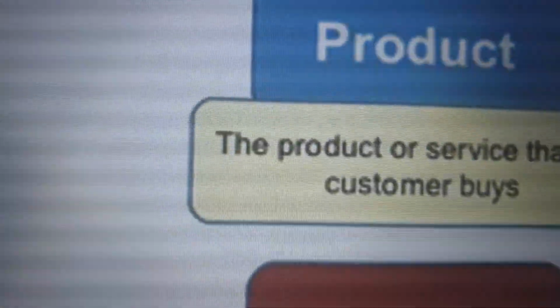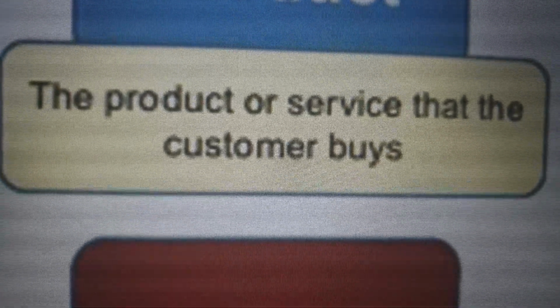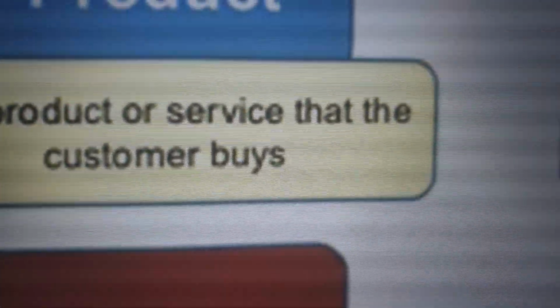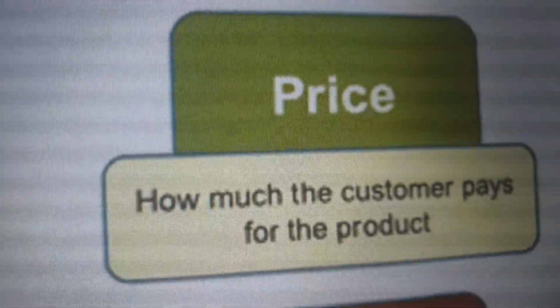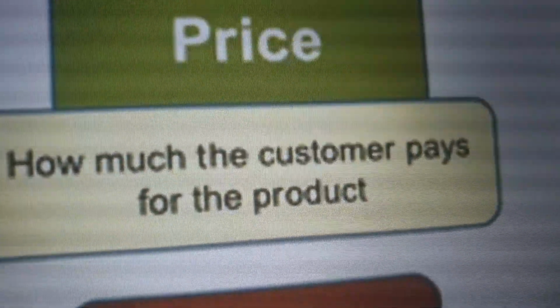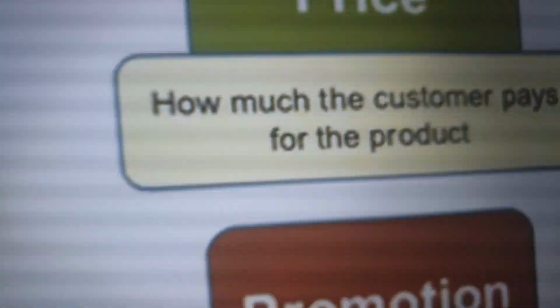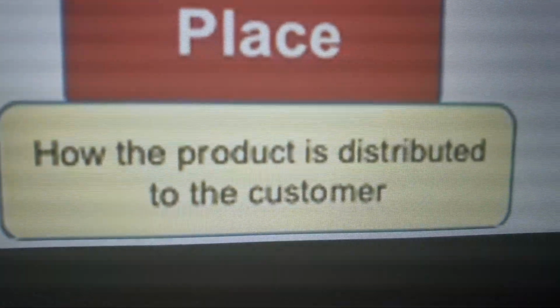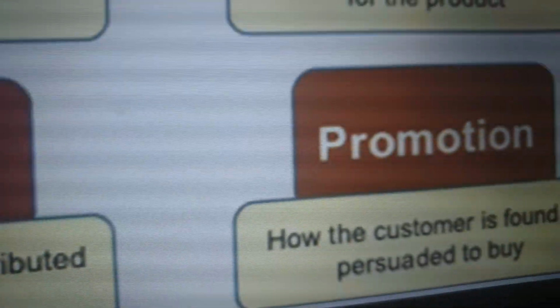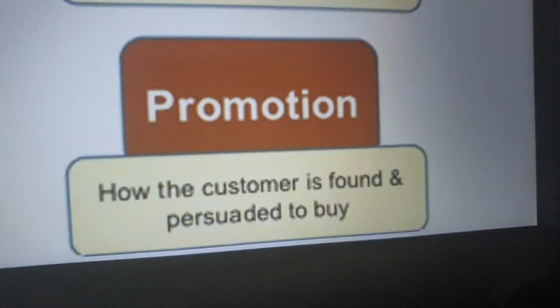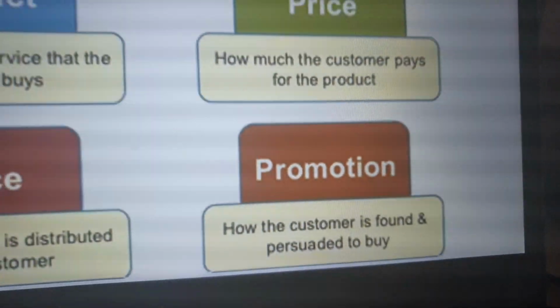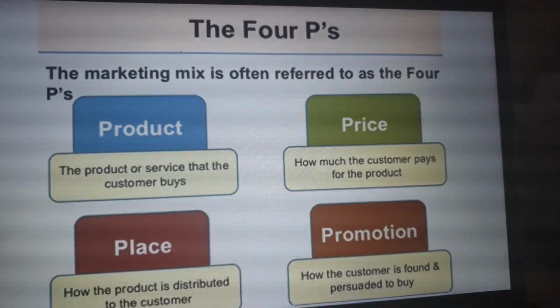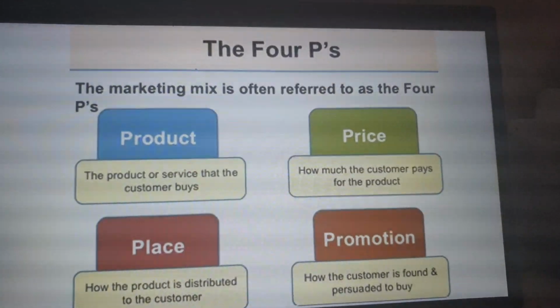So you see, product, price, place, and promotion. So, students of principles of marketing, this is what you're going to practice.